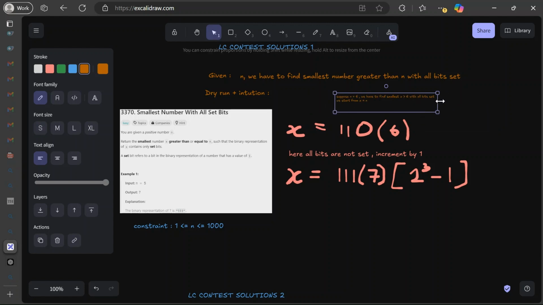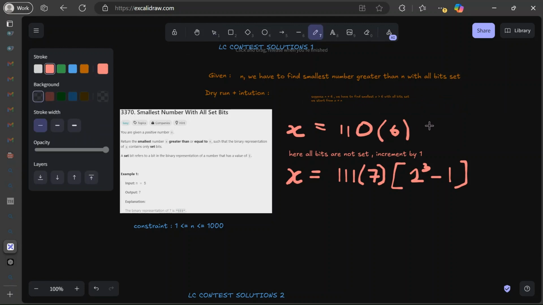So one brute force approach would be we can just start from n and carry on till we find an x which is greater than n and is smallest. As we have been given a positive number n, we would increment x by 1 every time we don't find its binary representation to be satisfying the condition given to us.